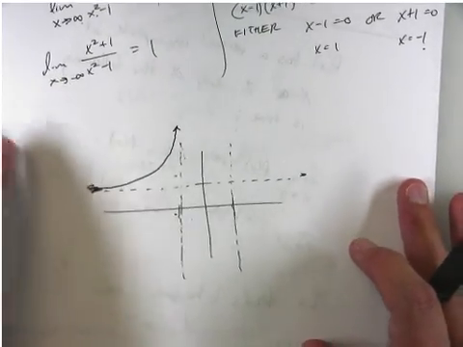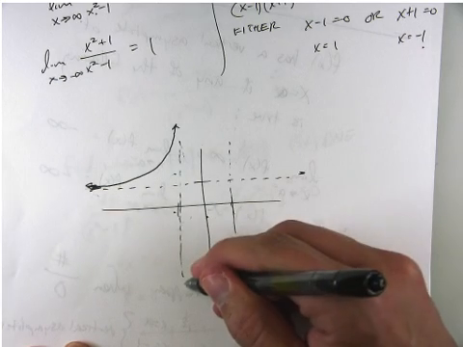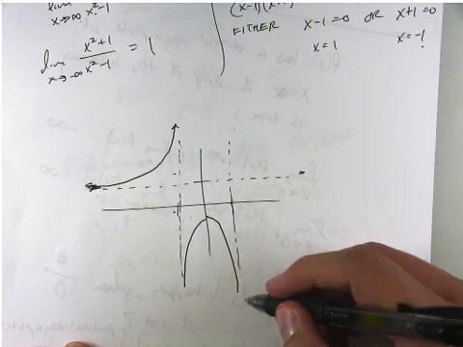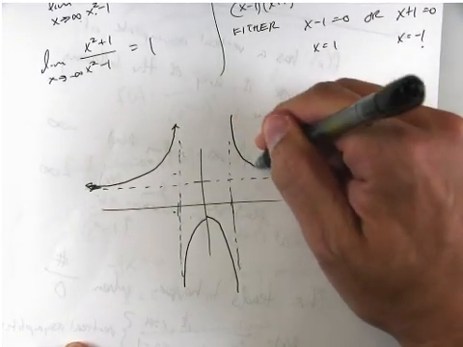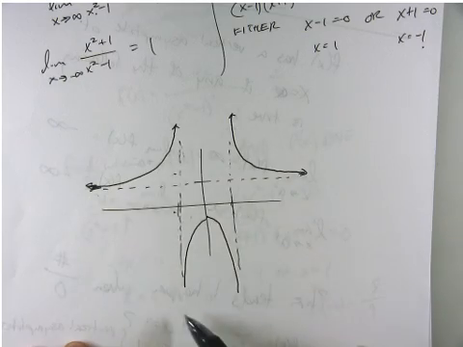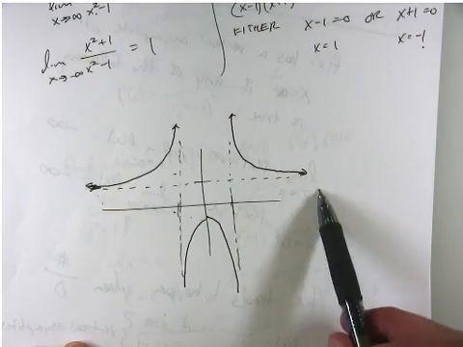So back to this guy. I'm imagining that it's increasing, then it's decreasing, and then it's decreasing again. So here's a picture that follows that pattern. Increasing, increasing, decreasing, decreasing.